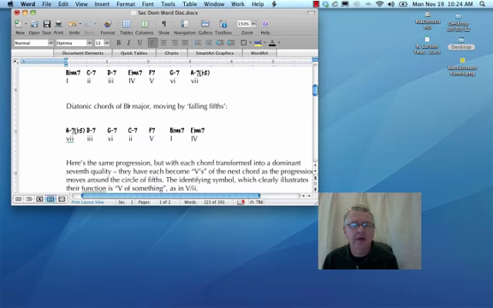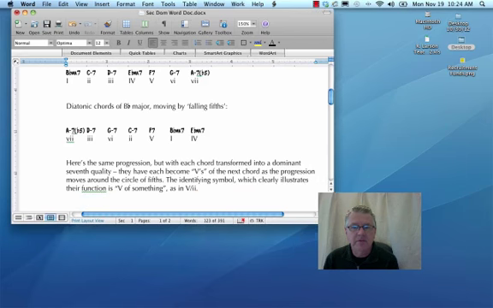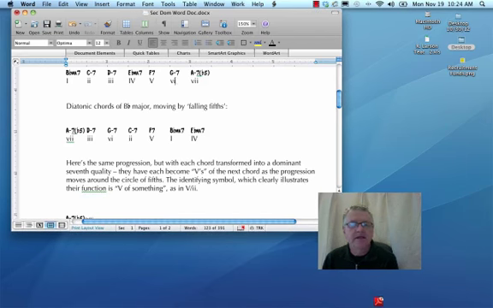Diatonic chords of B flat now moving by falling fifths, which of course is a very common way that music moves. So what I did is I have a 1 chord here and I work backwards: 5, 2, 6, 3, and 7. Now going forward, 7, 3, 6, 2, 5, 1. And then notice I have 4 on the other side of the 1 chord, and that's how we would fall into a 4 chord.